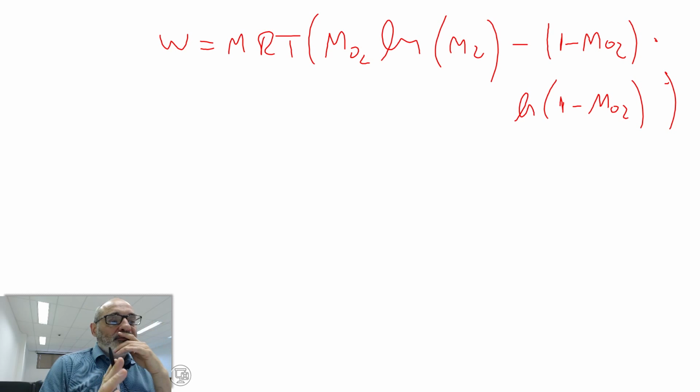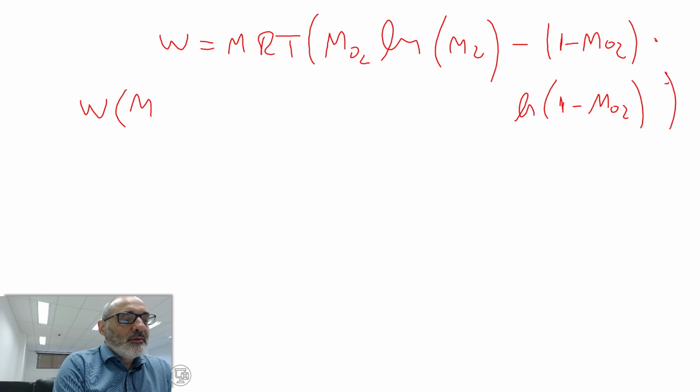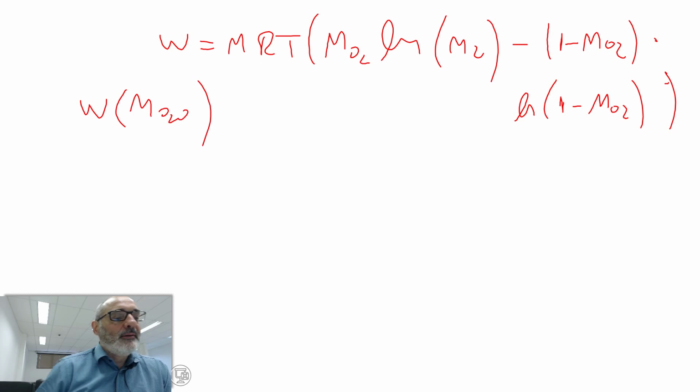And so now this equation shows you the amount of necessary work in terms of one concentration, x_O2.